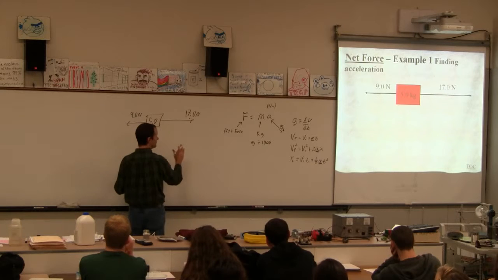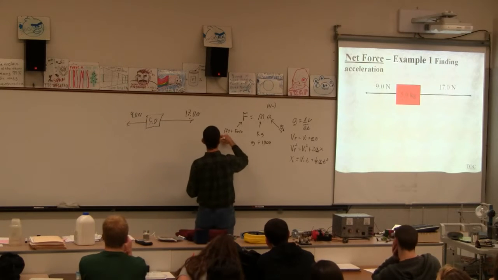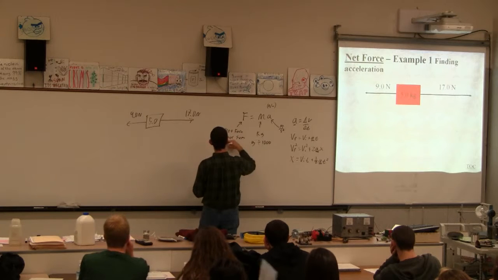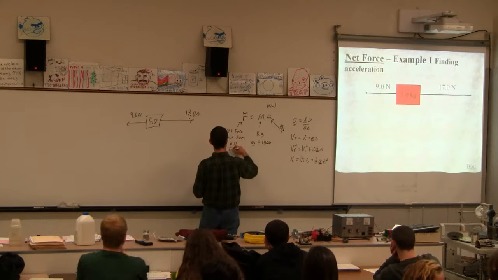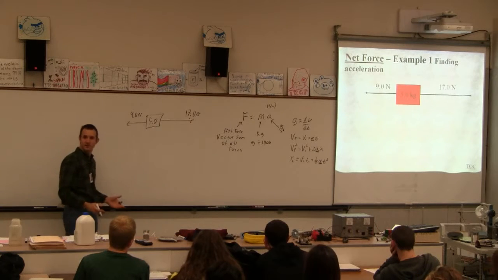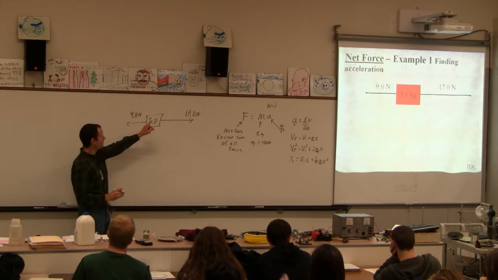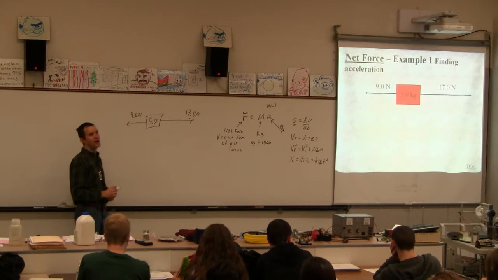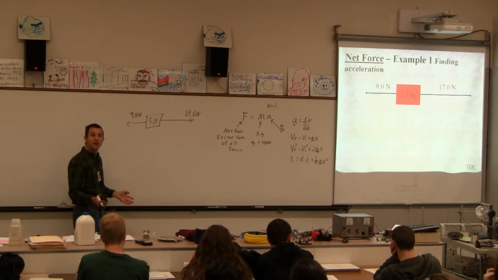And so what we have to do is find the net force. Net force really means the vector sum of all the forces. Now, that sounds scary, because vectors were scary, yes? But what do you suppose the vector sum of 17 to the right and 9 to the left is? I'm going to go with 8 to the right. There you go. So that's all it is.